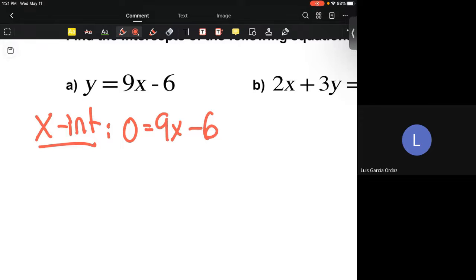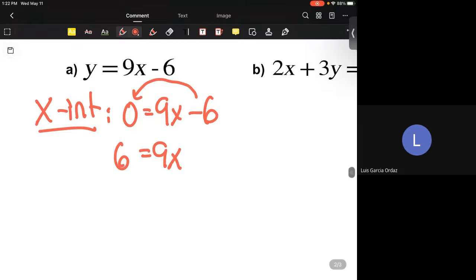Kareem, what do you want to move over to leave x by itself? The negative 6. So it becomes positive 6 is equal to 9x. Sean, how do I get x by itself? You have to put 9 to the other side. By doing what operation? Division. Divide both sides by 9.